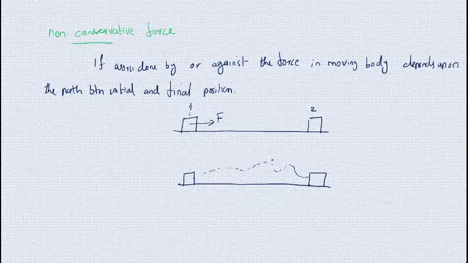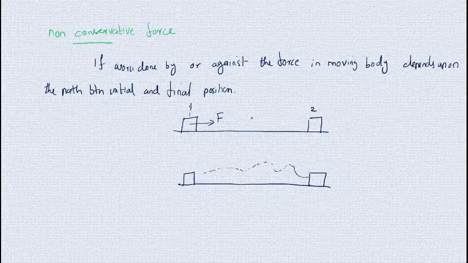In the first case, it was going straight and work was done against the friction. Now in the second case, the same body is moving from the same position but following a different path. Just imagine you are dragging some object, a desk or a bench. Is the work done the same as in the first case? Very good. Definitely it will be a different value.